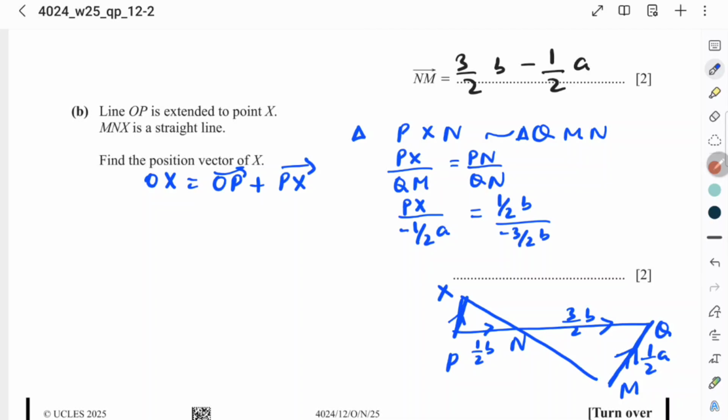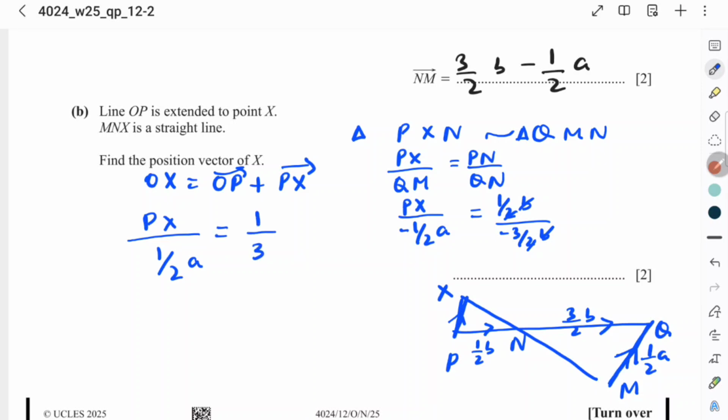You can cancel the B and the 2s, and the negative signs also. So PX upon half A is equal to 1 upon 3.